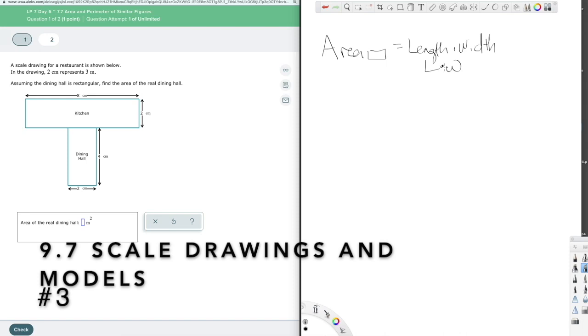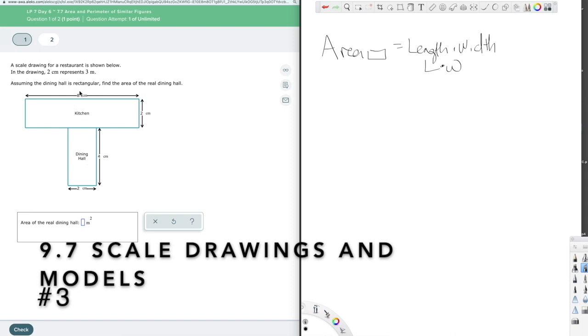So down below, if we want to know the area of just the dining hall, the kitchen is extra information, basically. We really don't need to know it, but they might have asked us a question about the kitchen or the dining hall. It didn't. It was kind of just by chance they asked us about the dining hall on this one. So they're giving you extra information. You don't need it. You just kind of ignore it.